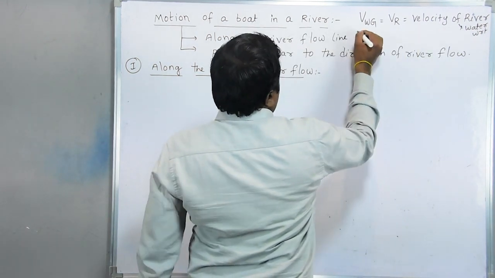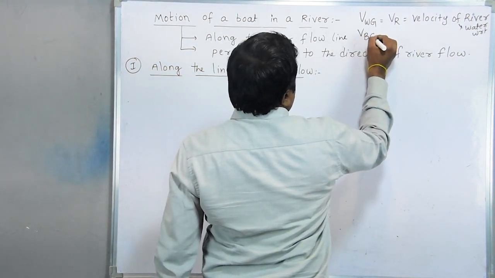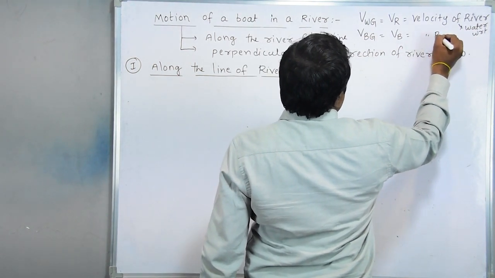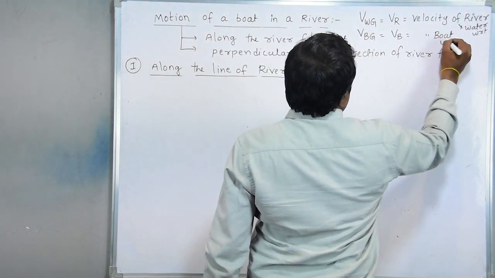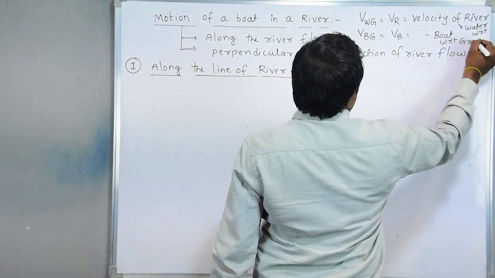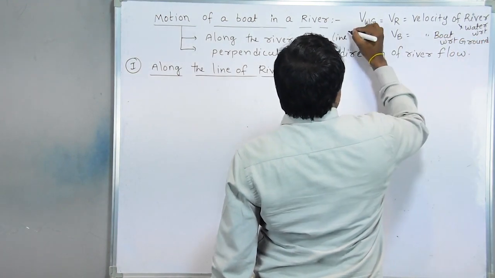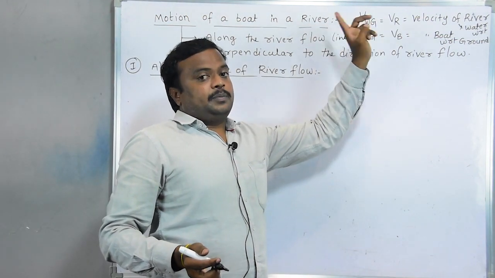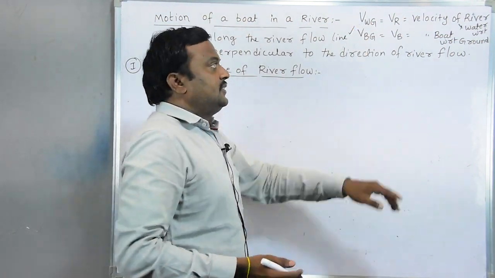Second one, VBG. This is nothing but velocity of boat with respect to ground. This we should find in any case, remember, we should find velocity of boat with respect to ground in any case.